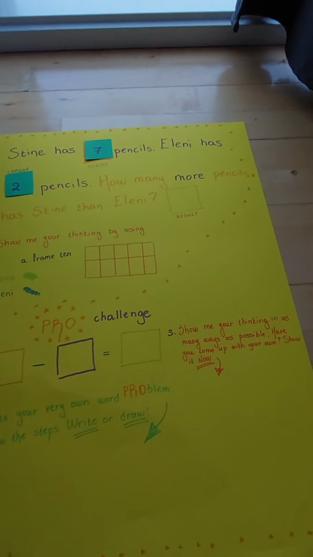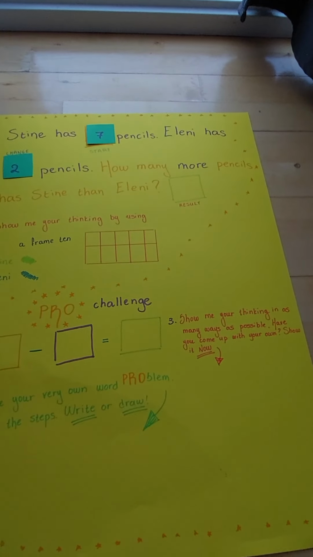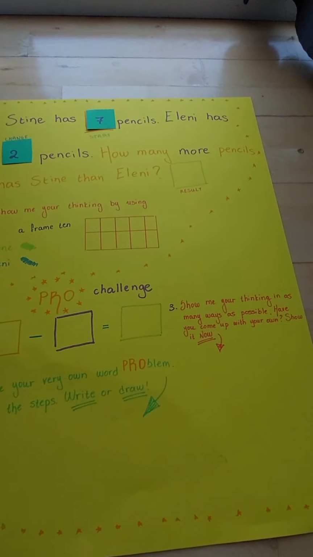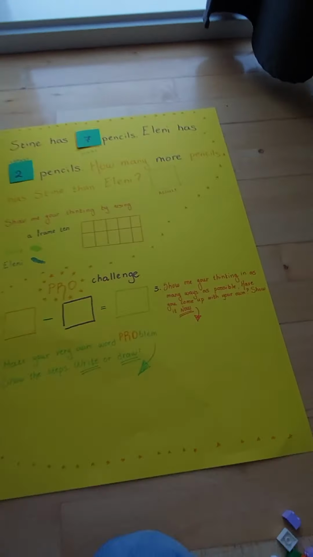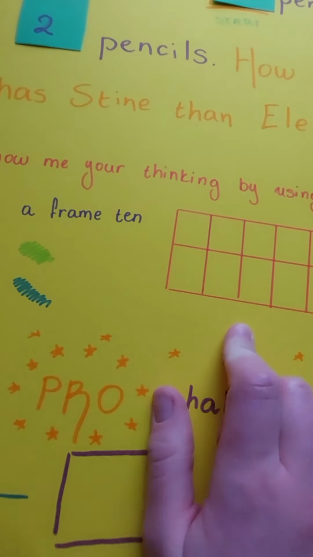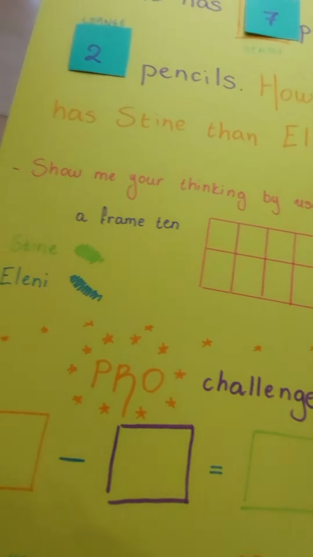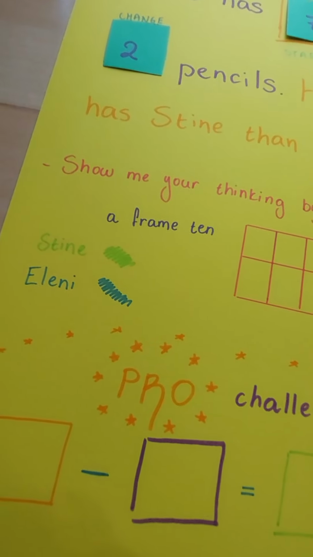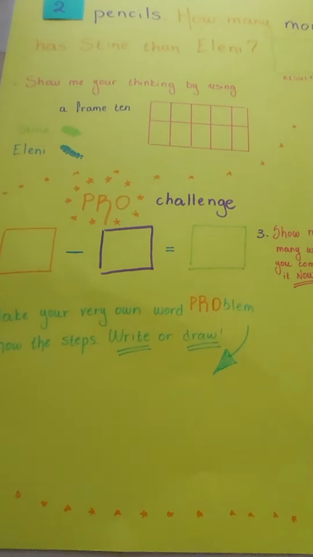Again, the students will be introduced to this kind of problem, and they would know that the word more indicates subtraction. In this case, they have to show it by coloring in the frame, and Stina would be green and Eleni would be blue.